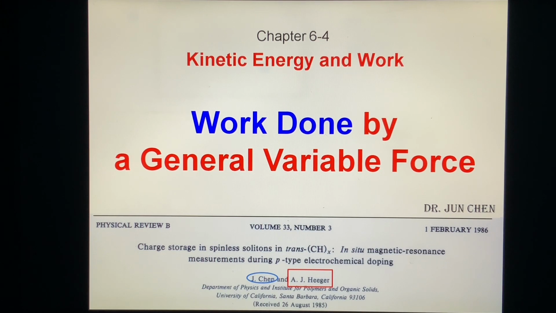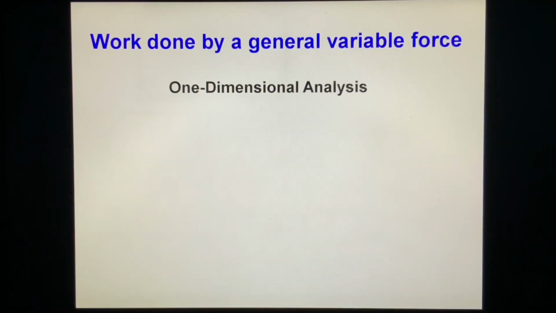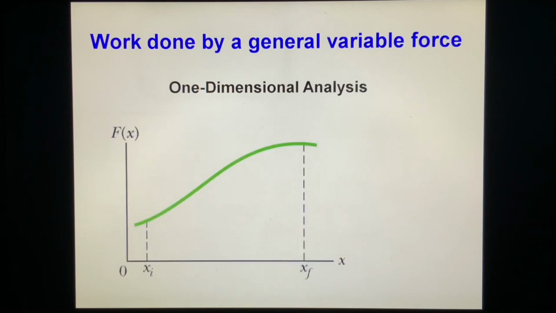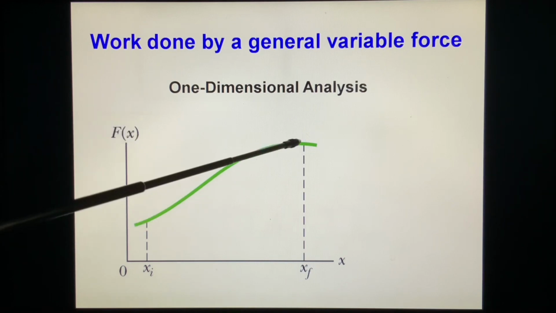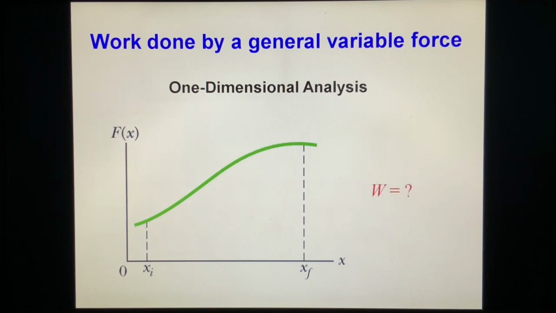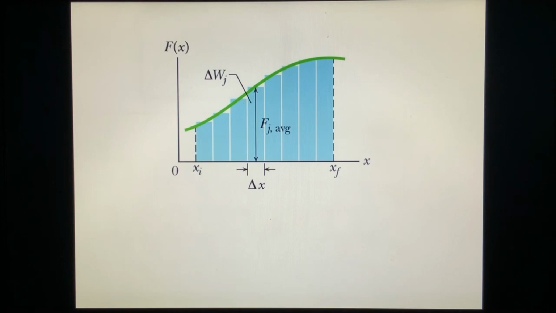Work done by a general variable force. One-dimensional analysis: we have a force F which is not constant, it is a variable force. F changes with x. What is the work done by this variable force? Let's do an approximation.